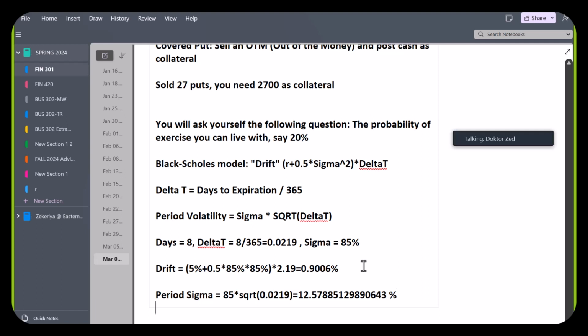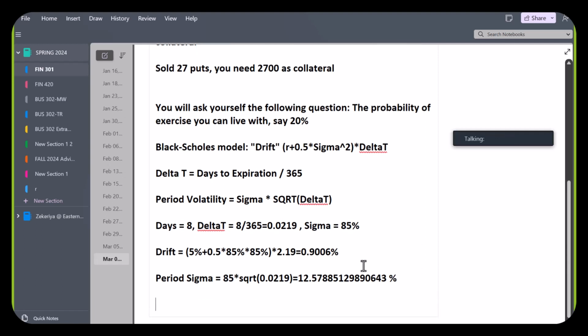That's the percent. Even though this is not statistically very correct, just for the purpose of this exercise, we're going to assume that the assumptions behind the Black-Scholes model are correct. Asset returns are normally distributed.